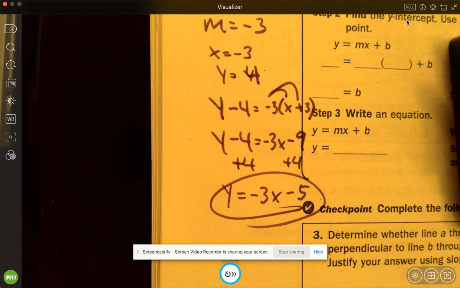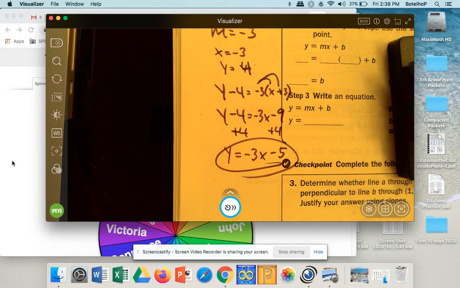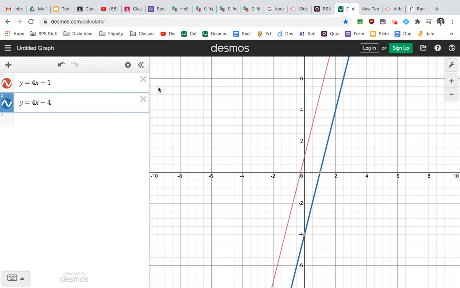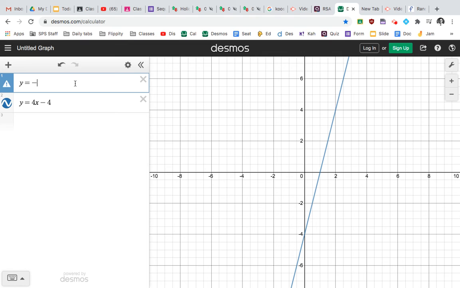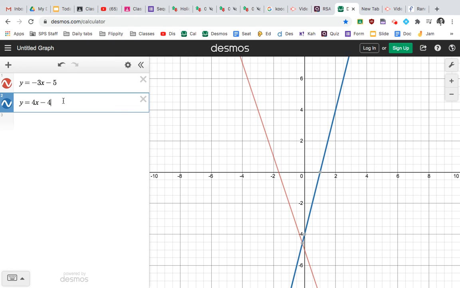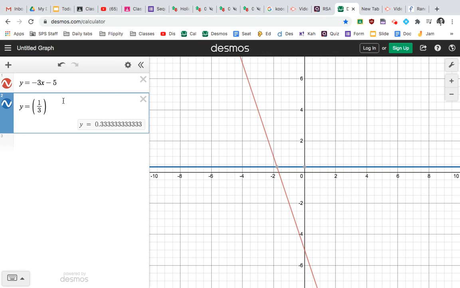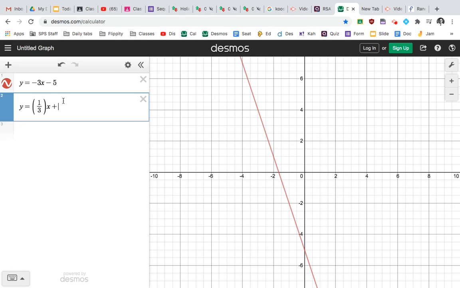Just to prove it to you, because I like to do these on Desmos, just to show it to you here. So if I go back to Desmos where I was before, and I put those in, I got -3x minus 5, and the other one that we started with was 1/3 x plus 2.